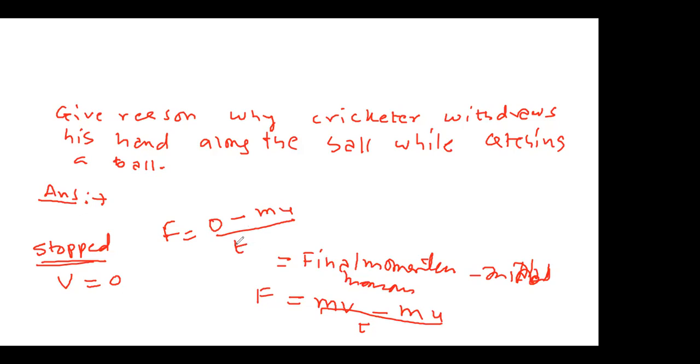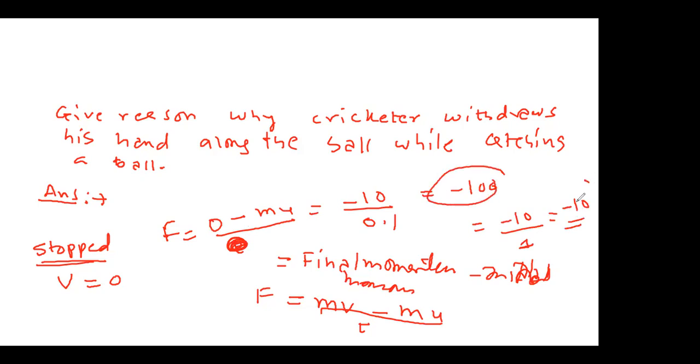So if he is not withdrawing, time is very small. Suppose the numerator is minus 10 and time is 0.1, then this will become minus 100. But suppose to stop he takes 1 second, then the same quantity will become minus 10. So the impact of minus 100 will be very large as compared to this 10. So when the cricketer while catching withdraws the hand, the change of momentum takes place over a long period of time.